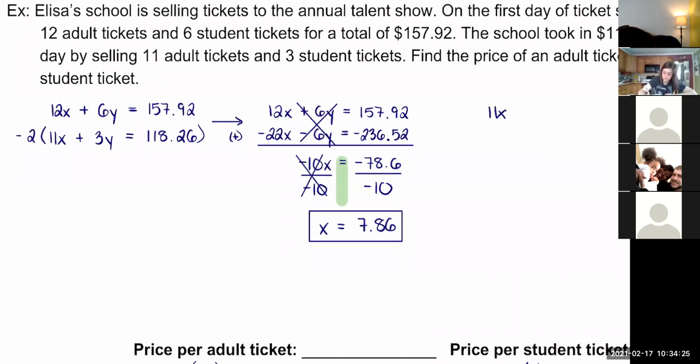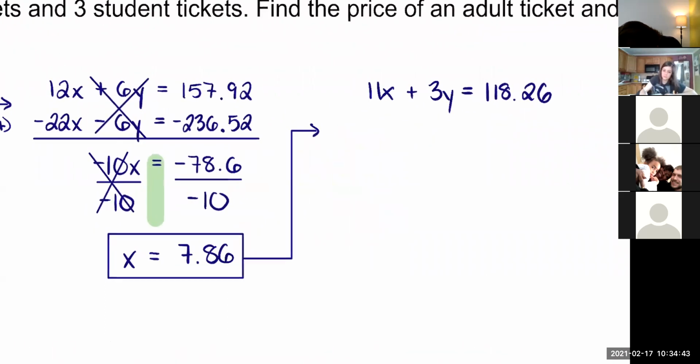11x plus 3y equals 118.26. And now that we know what x is, we're going to drop that into this equation. So I'm going to have 11 times 7.86 plus 3y equals 118.26.